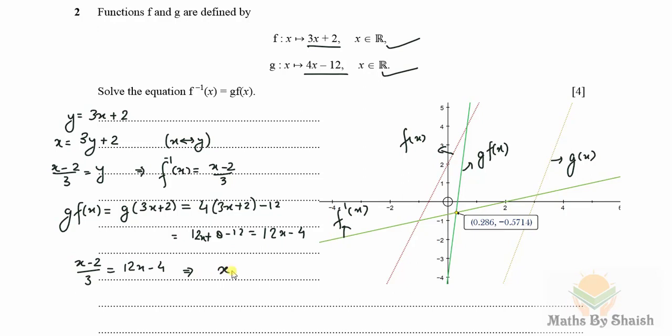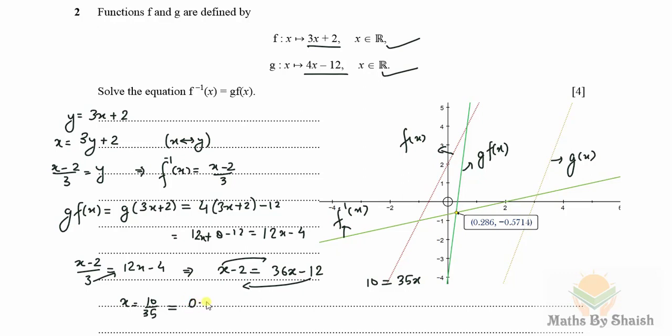So we transfer terms, and it becomes 12 - 2, that is 10, is equal to 36x - x, which is 35x, which will give x as 10 over 35, and we can calculate that this is 0.286 correct to 3 significant figures.